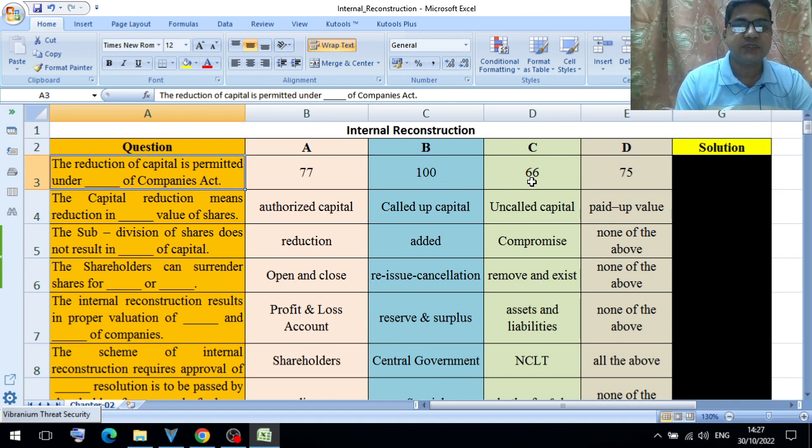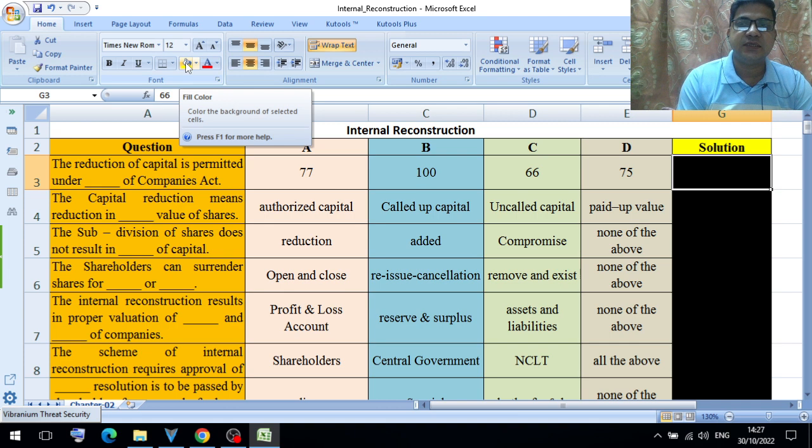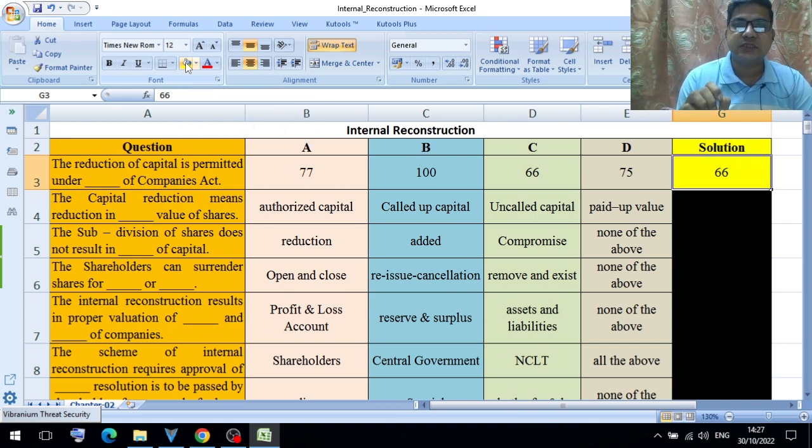Option C, section 66. Option D, section 75. So here the appropriate answer is section 66 of the Companies Act 2013, belonging to internal reconstruction.